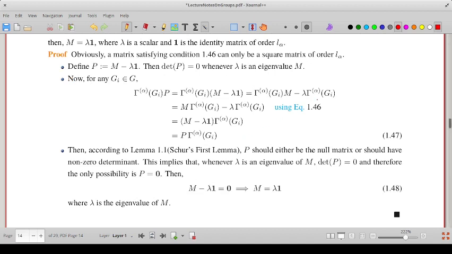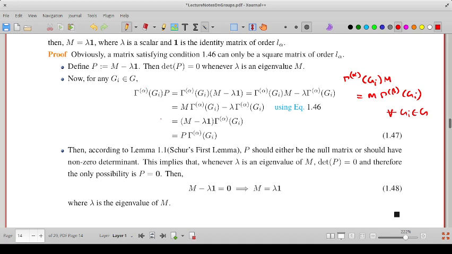So now we consider Schur's first lemma, which says that if we have a matrix M that satisfies the condition that gamma alpha Gi times M is equal to M times gamma beta Gi for all Gi in G, then M should either be the null matrix or it should be a non-singular matrix.